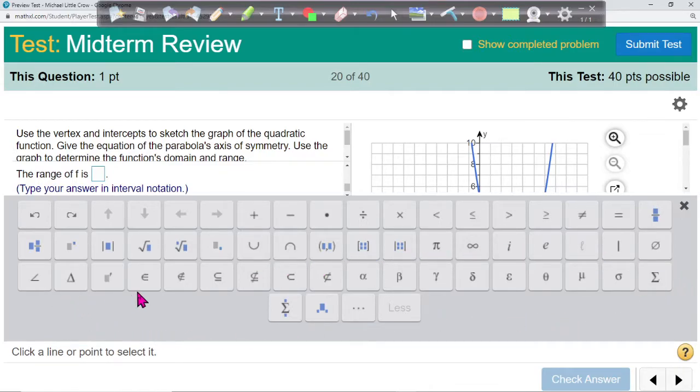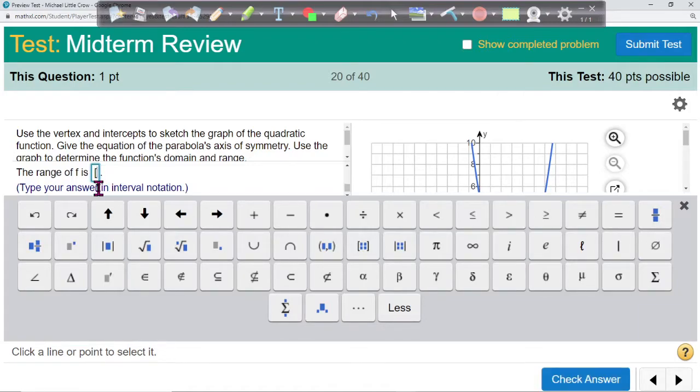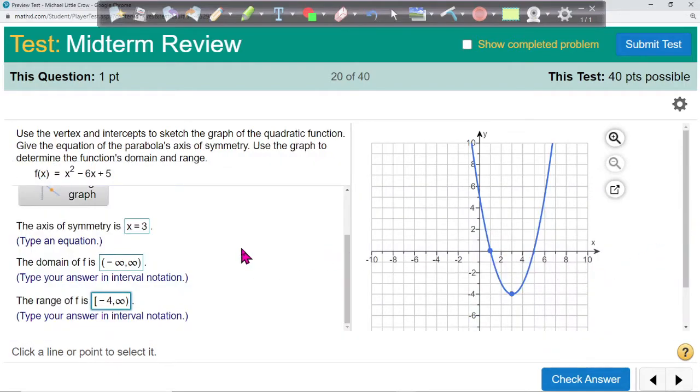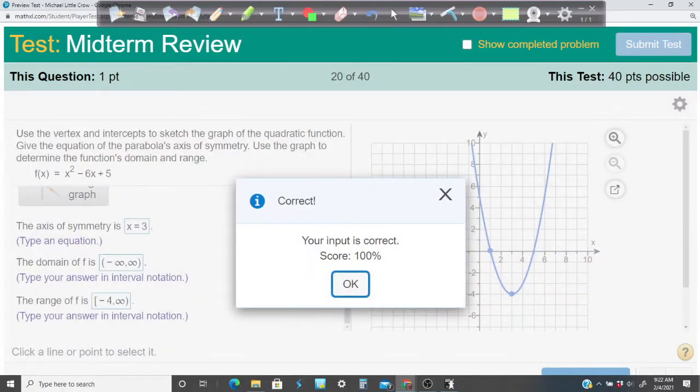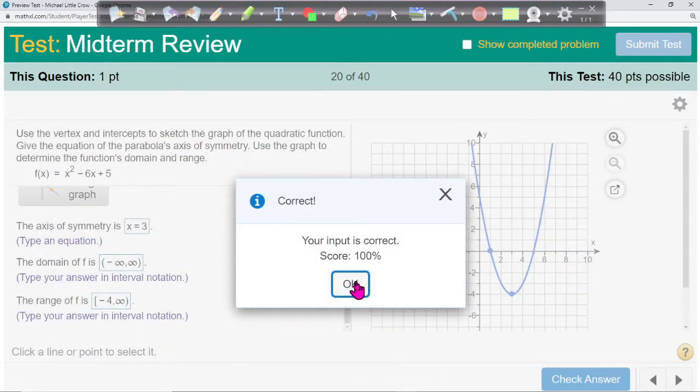We don't. So I can't really use this one. It's probably mostly for ordered pairs. But anyway, -4 is included. -4, comma, and then go all the way to infinity, and then put a closing parenthesis on that. Okay, so there we go. Those are our answers. Graph should be good, and yes, we're 100%.